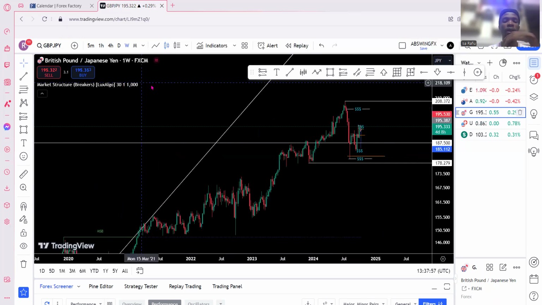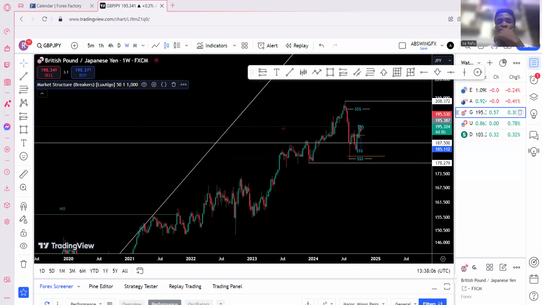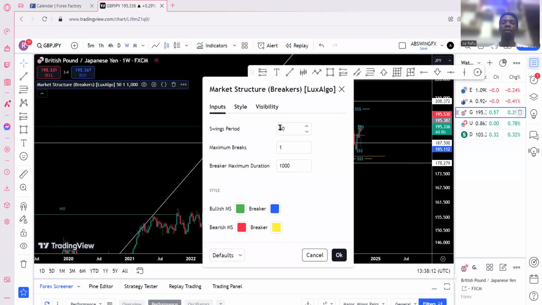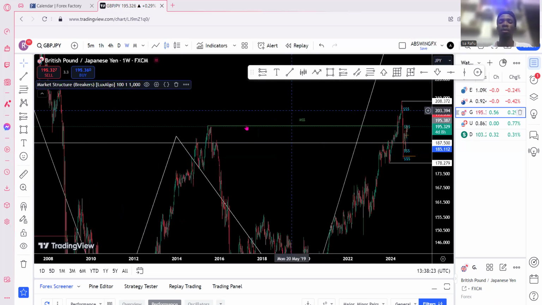Let's increase the accuracy to about 50. 50 is still enough. Let's increase the accuracy to like 100, which is not too much. Now, 100 gives me this.